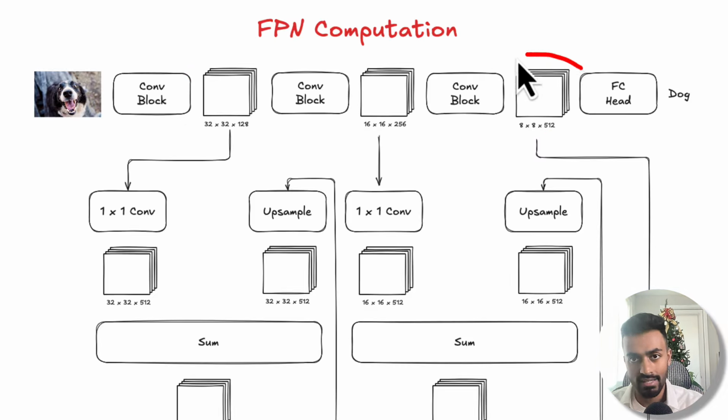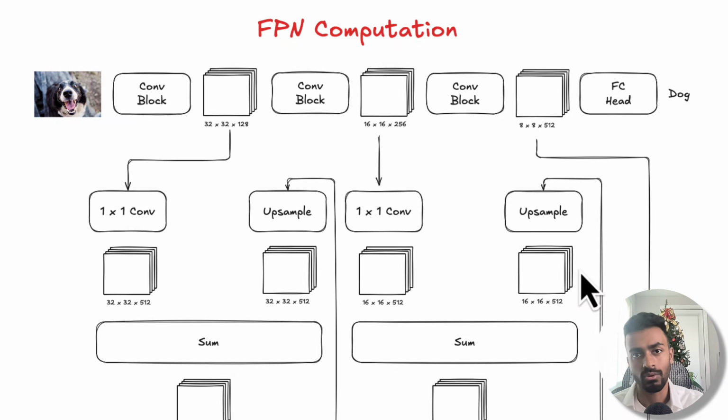We can then take this 8 cross 8 cross 512 tensor and perform some upsampling. Upsampling is basically done through bilinear interpolation, so we're going to fill in values effectively to scale it up twofold along the width and the height. So you end up with a 16 cross 16 cross 512 tensor.